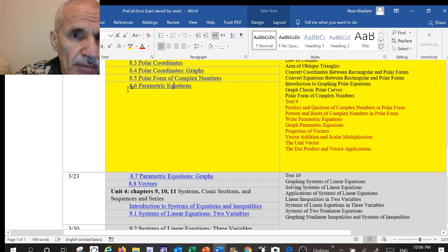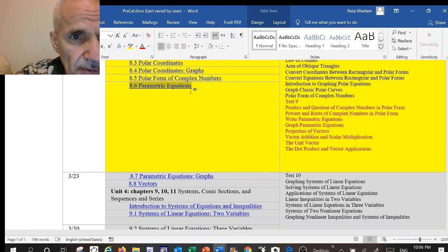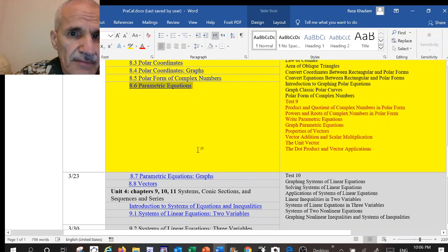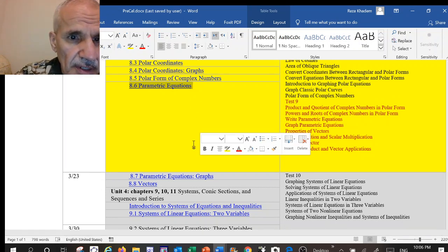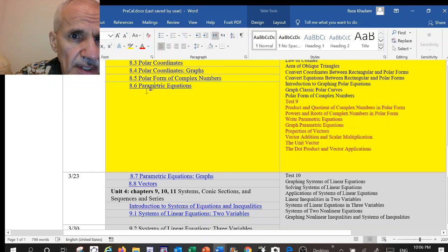Now we're going to see why we put them in polar form, because it is much easier to multiply, divide, and raise complex numbers to powers in polar form. So we're going to talk about that. Then we're going to talk about parametric equations and graphs, and then finally vectors. See if we can put them all in one video.